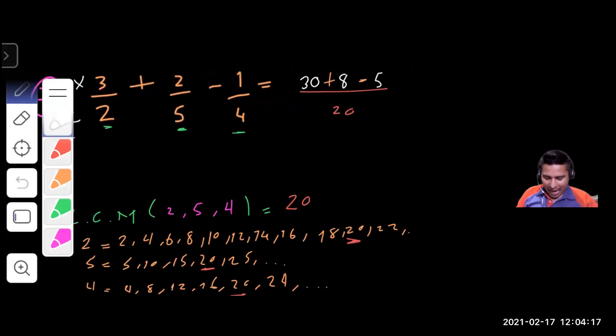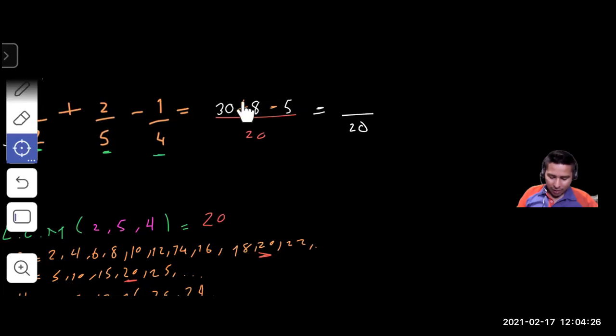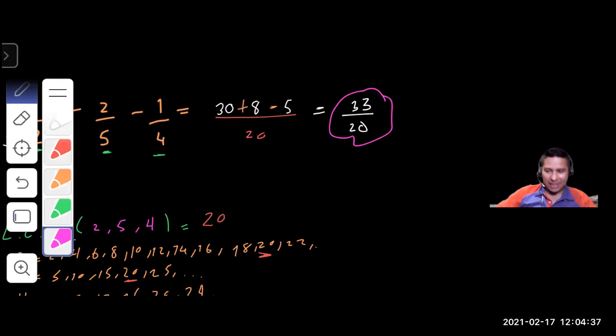And then I only need to simplify this. I just copy the denominator that I got, which is 20, really easy. And let's solve this. 30 plus 8 is 38. 38 minus 5 is 33. And this is our answer: 33/20. You got that?